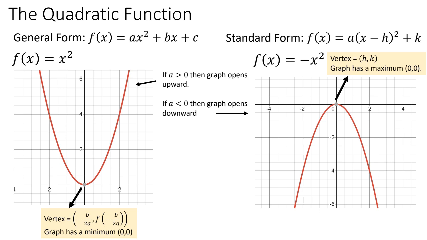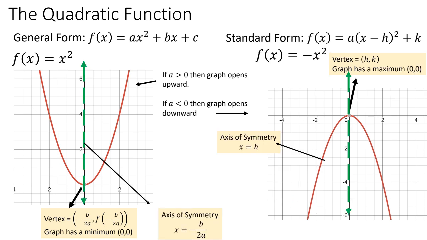So the vertex of a quadratic function is given by this. To find the x value of the vertex, we take negative b and divide it over 2a. Okay. Once I have that value, I can plug it back into the function and that will give me the y value. Okay. So let's go ahead and see more information.